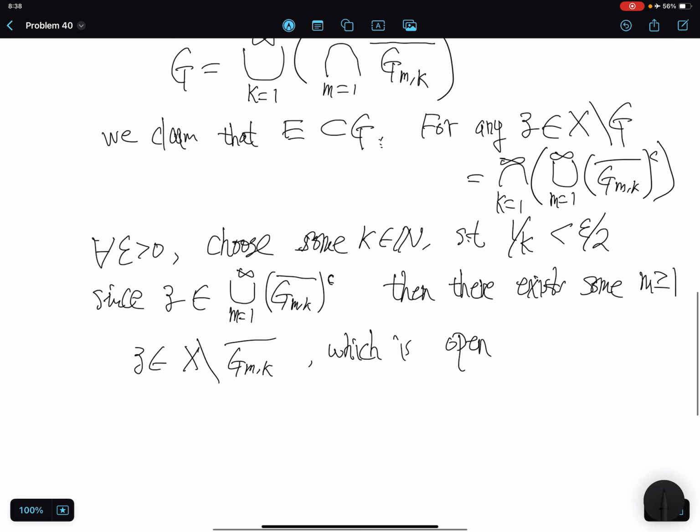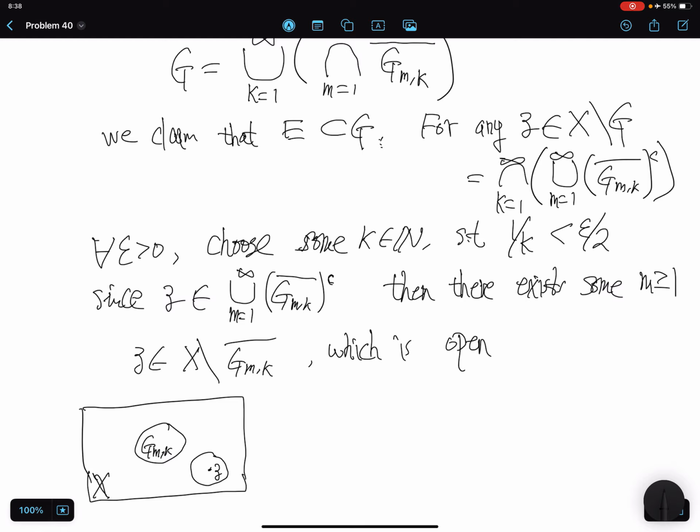If you look at this graph here, we have this space X, and we have some G sub M K here, and z is not there. z is outside of the closure of G sub M K. So then we can find some delta around z, a neighborhood.